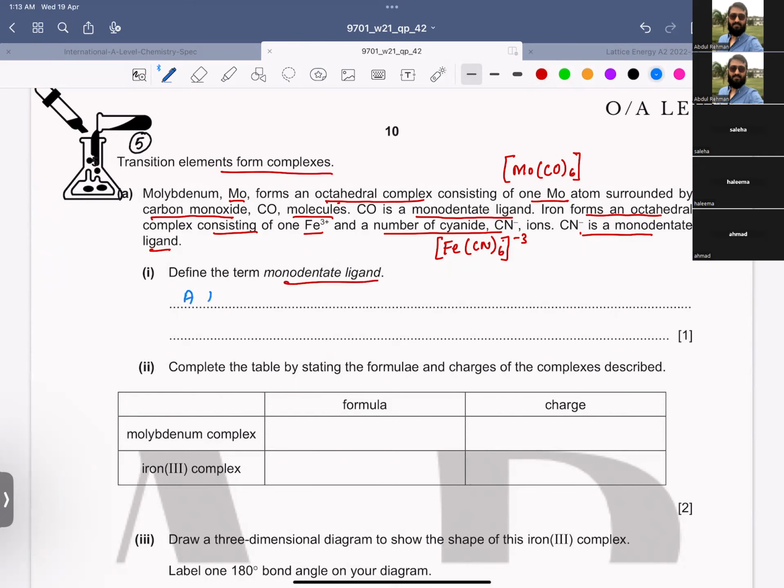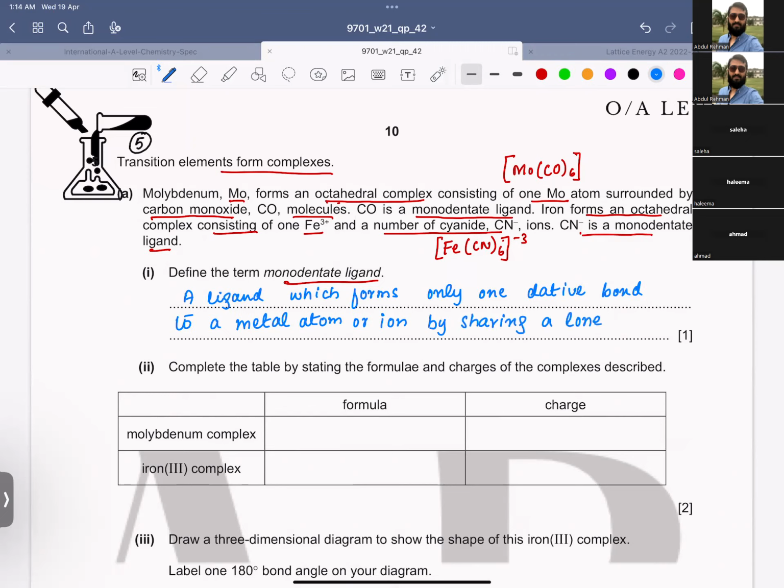So I can say a ligand which forms only one dative bond to a metal atom or ion by sharing a lone pair of electrons.